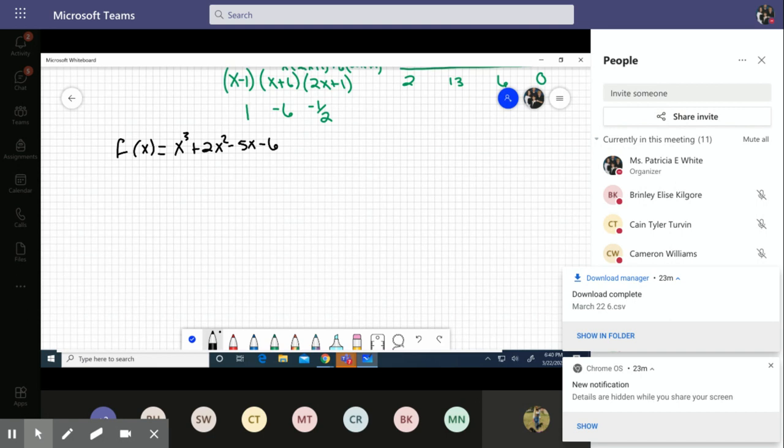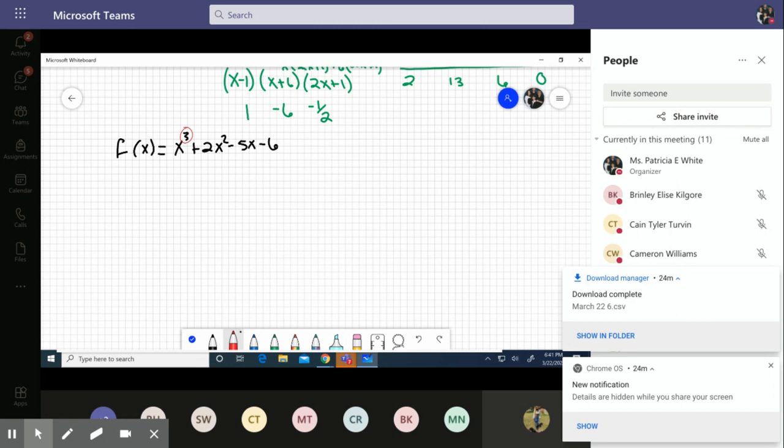All right, I need to find out what the zeros are. First thing I'm going to do is, what is the maximum number of zeros I can have? How many times will this polynomial cross or touch the x-axis? 3, right? That gives you your maximum possibility. There are a maximum of 3 zeros.